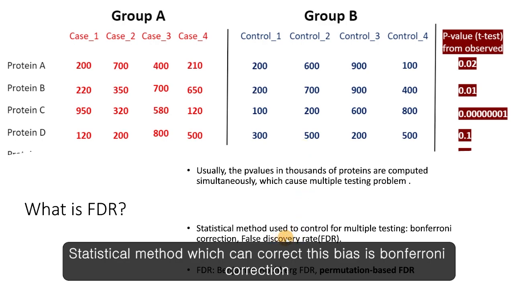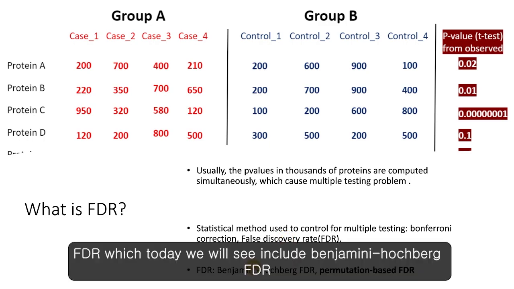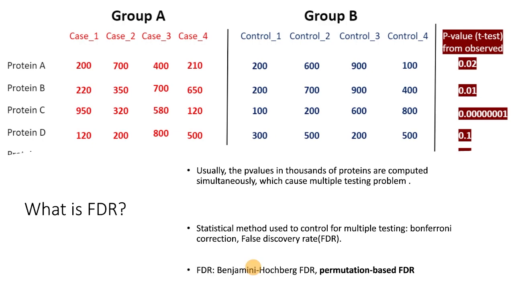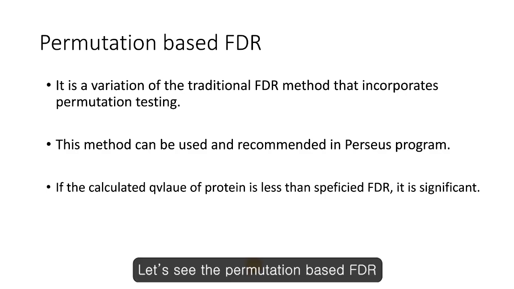Statistical methods which can correct this bias are Bonferroni correction and the false discovery rate method. FDR, which today we will see, includes Benjamini-Hochberg FDR and permutation-based FDR. Let's see the permutation-based FDR.